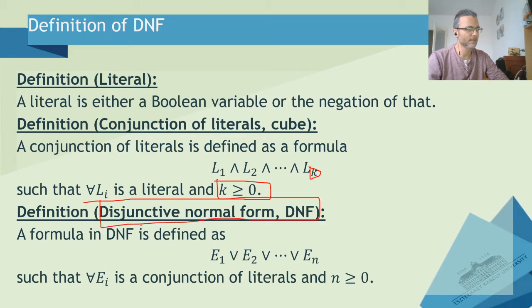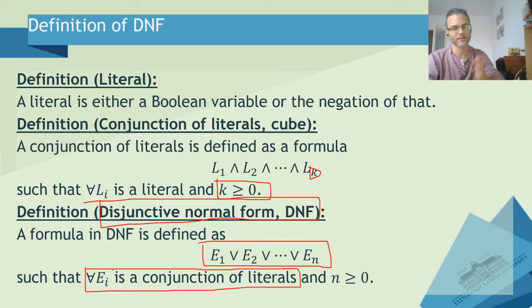We simply connect cubes with this disjunction. Each E is a cube, or conjunction of literals, and here N denotes the number of cubes, which is again at least 0.